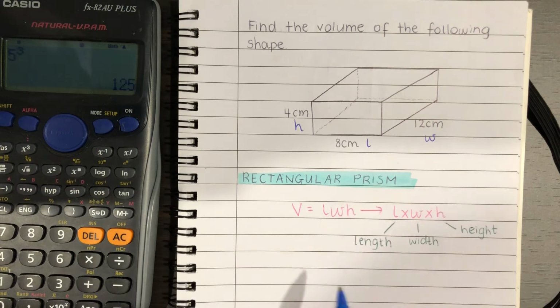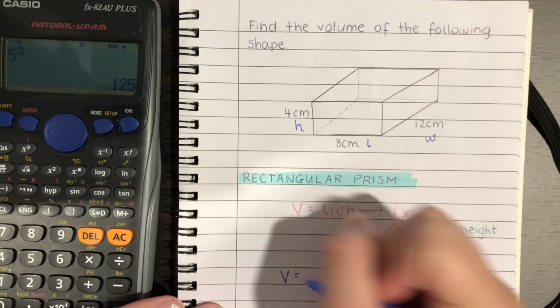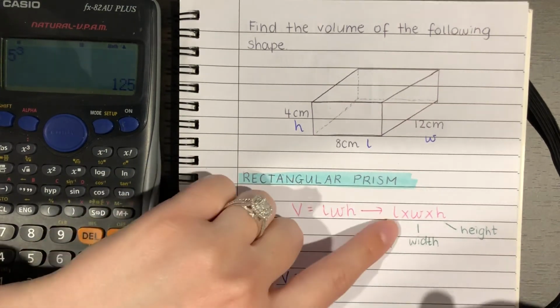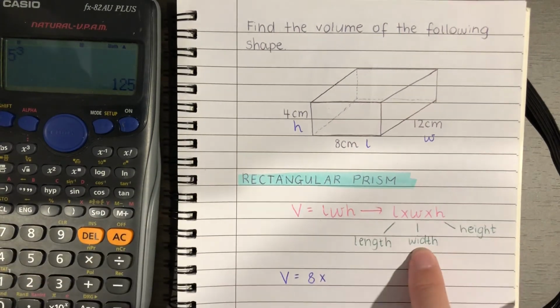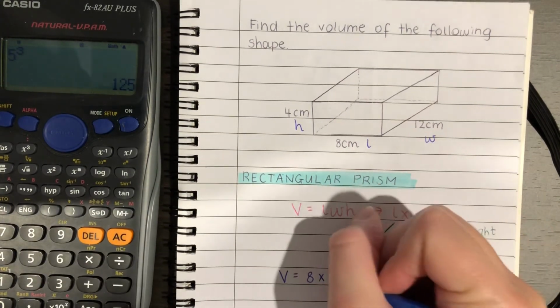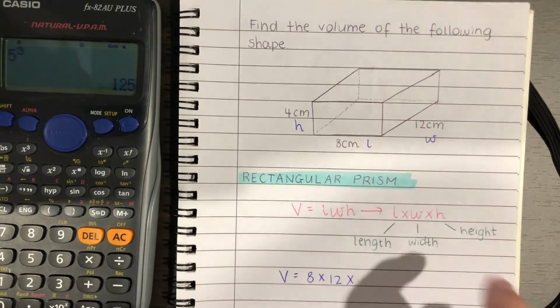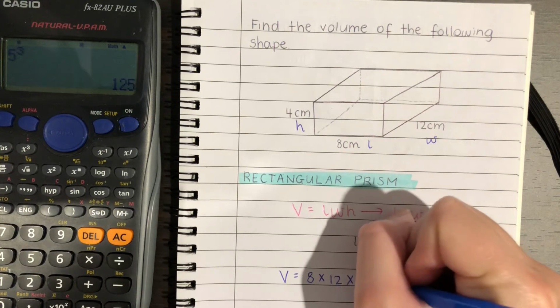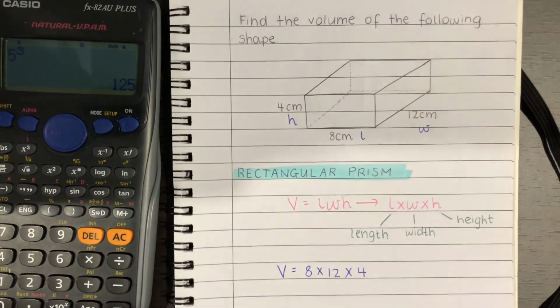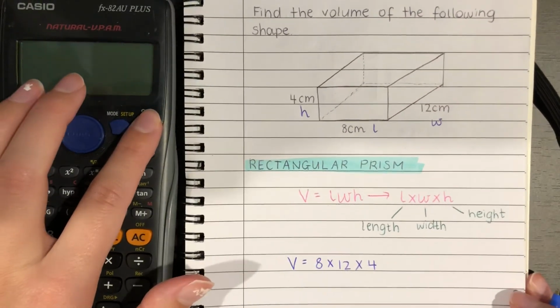So now I know what my H, L, and W values are. I'm going to substitute those into the formula. So V equals the length, so 8, times the width, so 12, times the height, which is 4. Okay, again, you're putting this into your calculator as you see it.